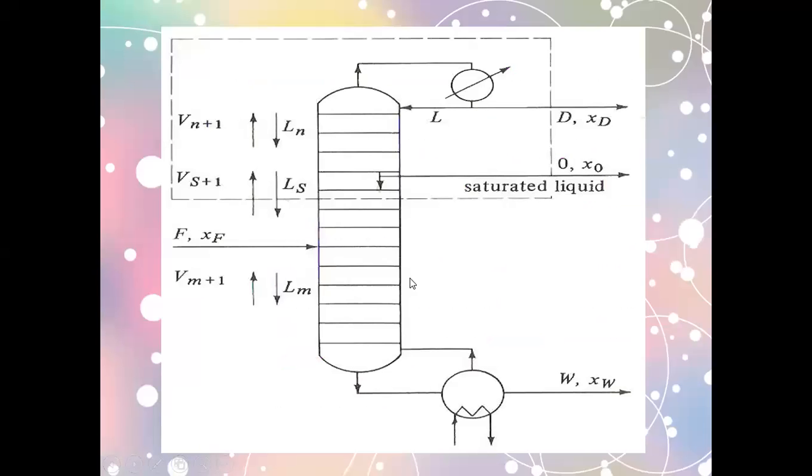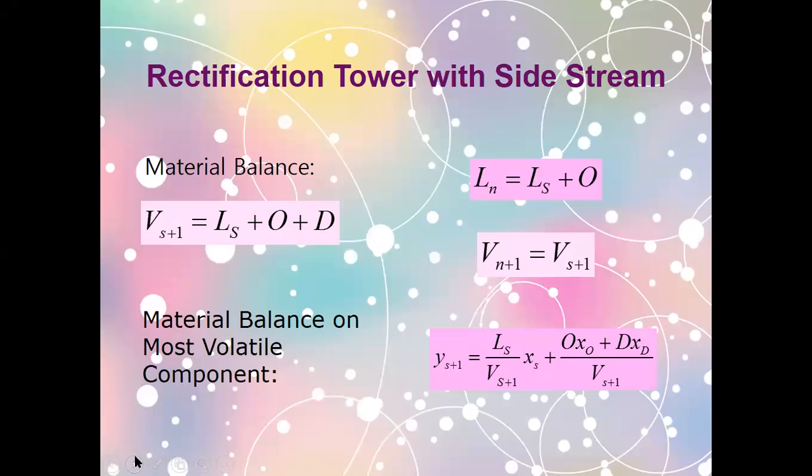Now, this is just a simple illustration of a column that has a side stream O. So when you do your overall material balance, in this case, your F will be equated to the sum of these three: the D, the O, and the W. Okay, so this is now your overall material balance. And if you're going to write down the general equation of the operating line for such a column, that would be this line.